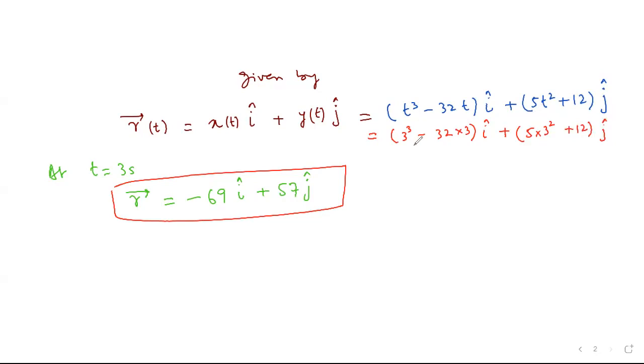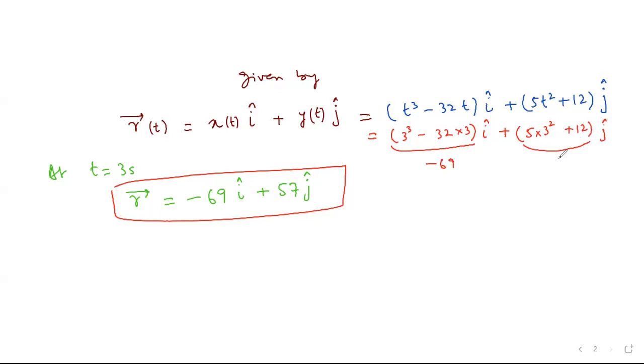So when you do the calculation, you check it. I have substituted t is equal to 3: 3 cube minus 32 times 3, then plus 5 times 3 square plus 12. When you do the calculation, it turns out to be minus 69.